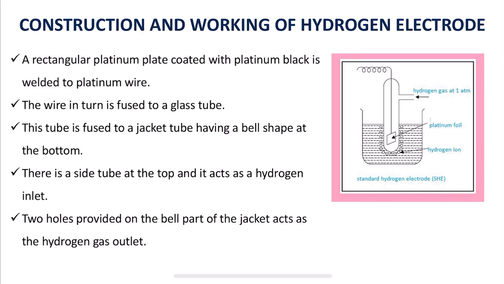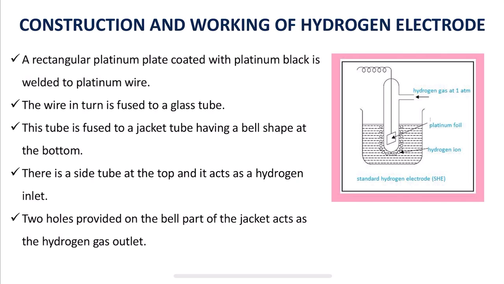The surface of platinum can be covered with platinum black, a fine powder of platinum. This type of platinum electrode is called a platinized platinum electrode. Platinum also improves the reaction kinetics by absorbing hydrogen at the interface. So these are the uses of platinum in the standard hydrogen electrode.